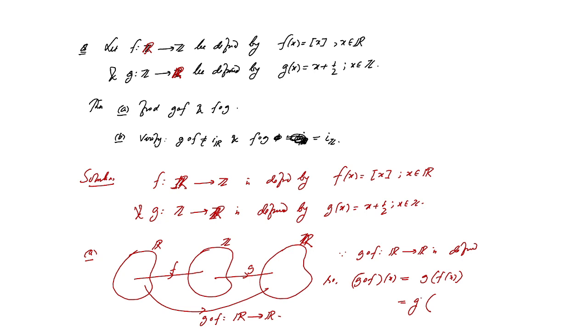So g of f(x) means floor of x plus half. Therefore g composed f: R to R is g composed f of x, which is floor function of x plus half, for all x belongs to R.